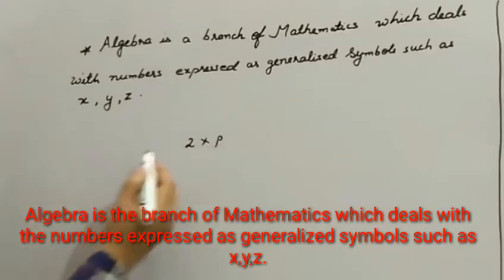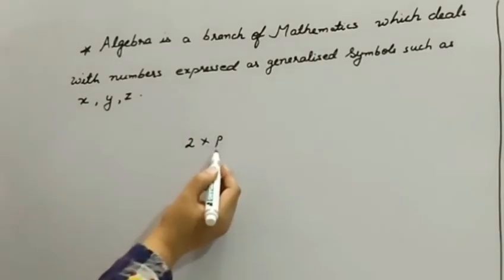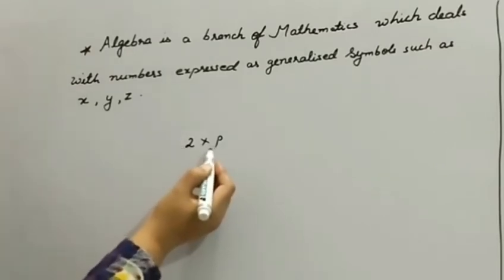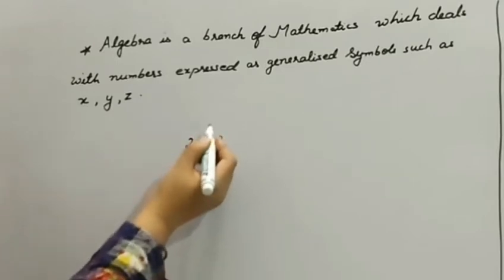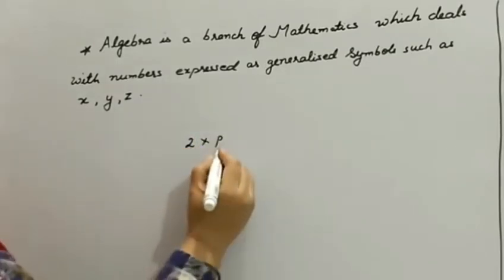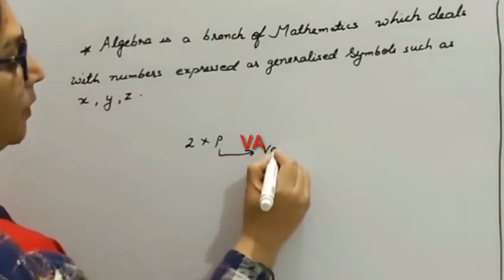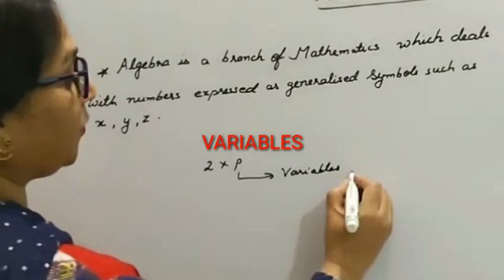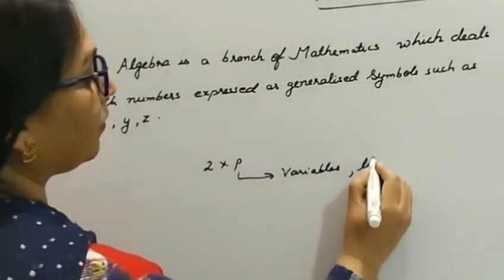As I explained you, 2 into p, where p is the number of persons, 2 is the fixed value, that is the number of eyes, p is being changed. So the value or the terms which is being changed or which vary is called variables in algebra. Because its value is unknown, or literals because letters are being used.